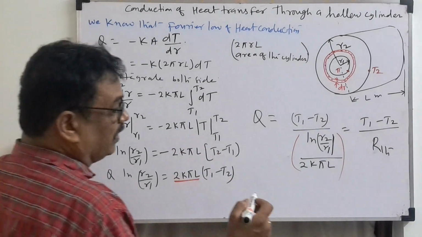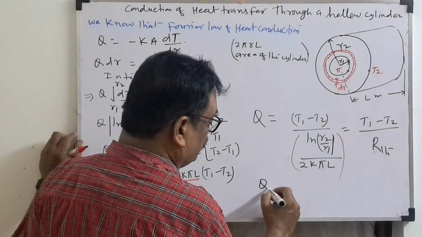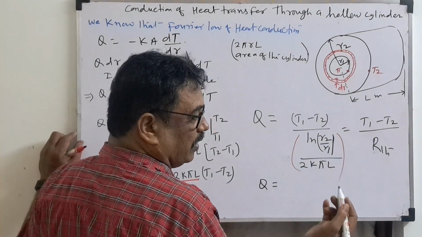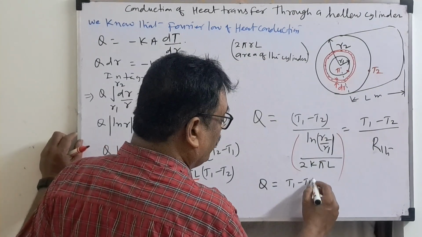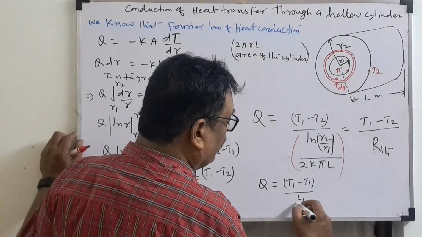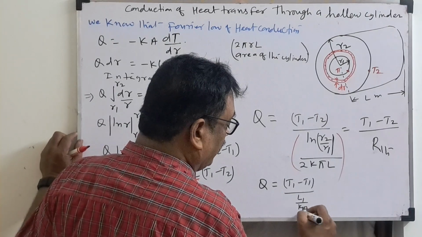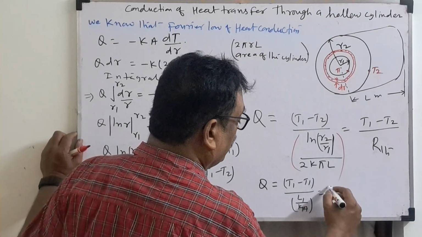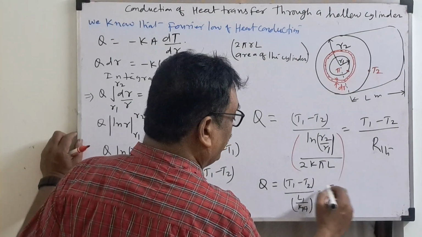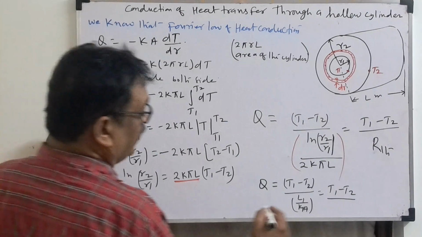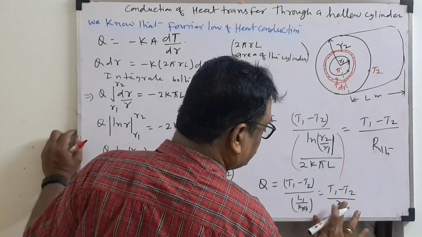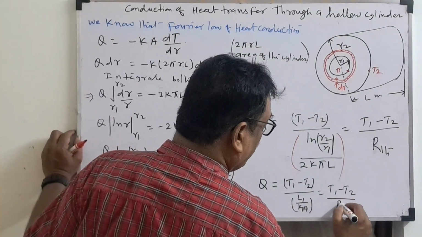See, the conduction formula we got for the plane wall: overall temperature difference divided by L1 by K1 A, that is T1 minus T2 divided by R thermal.